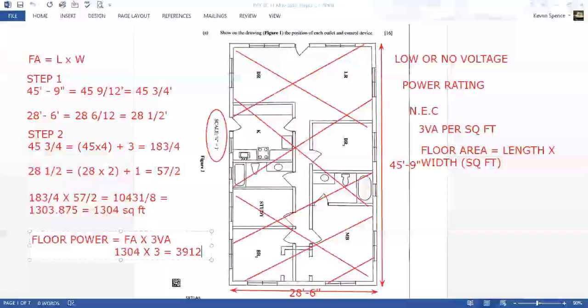And that would be VA. We could leave it at VA, or in this case, we could put W for watt, which is the unit for power.